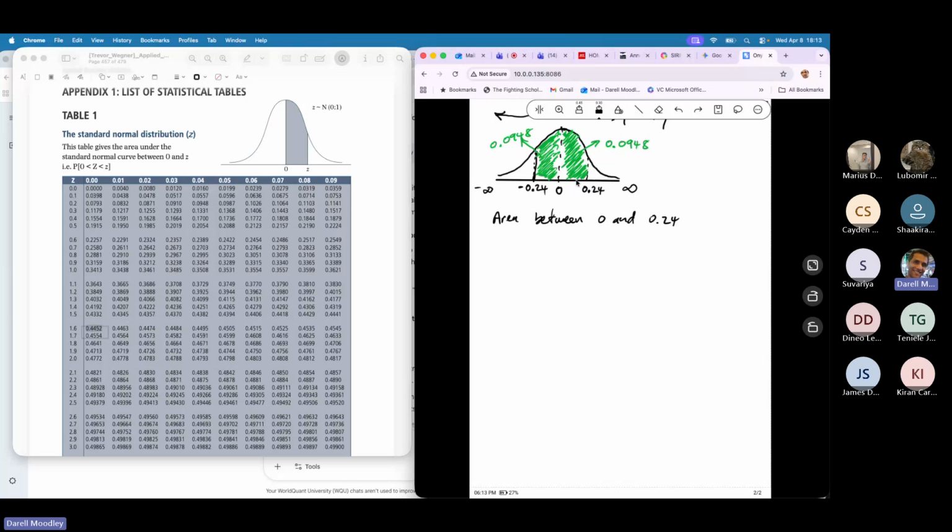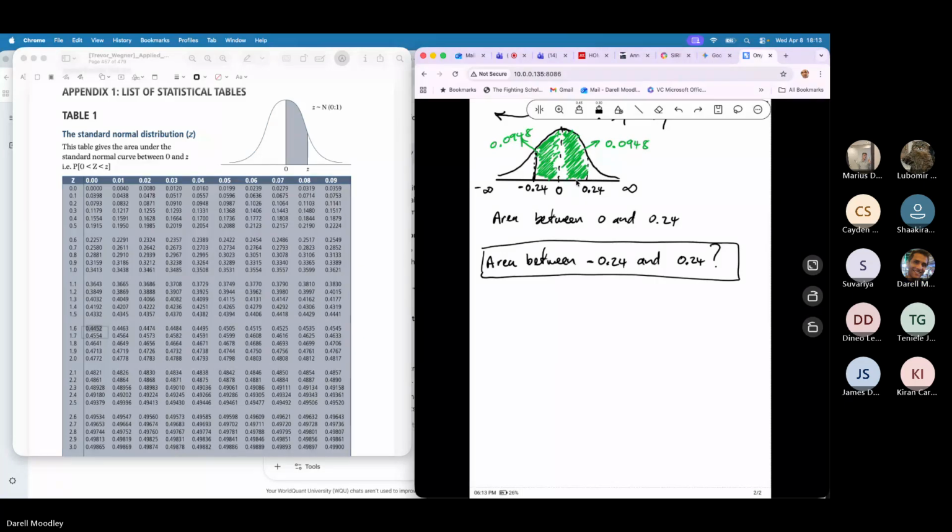So now, using the property of symmetry, what would the area between minus 0.24 and positive 0.24 be? What do you think it would be? That's my question to you. Write the answer in the chat using symmetry.